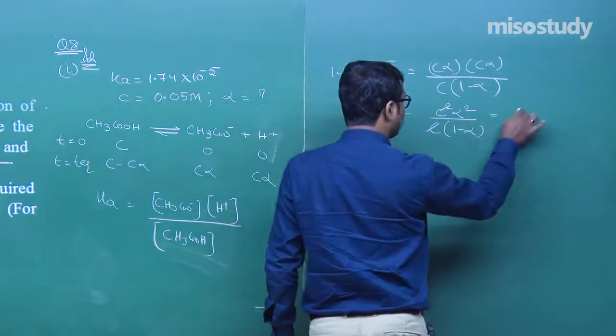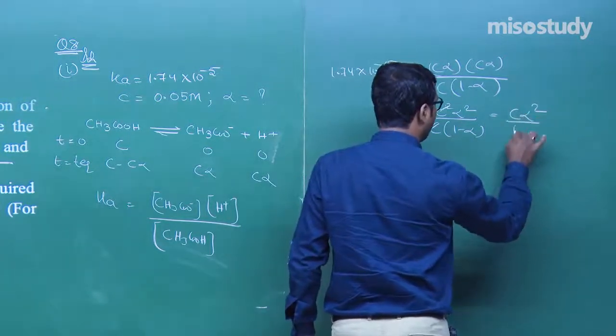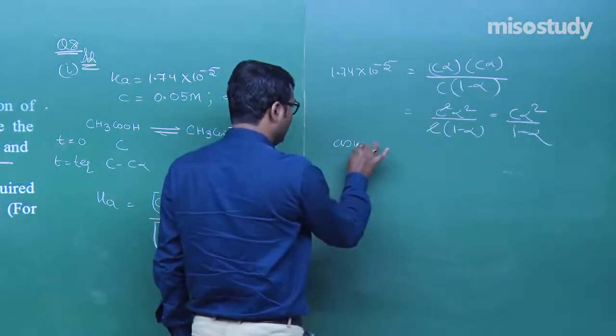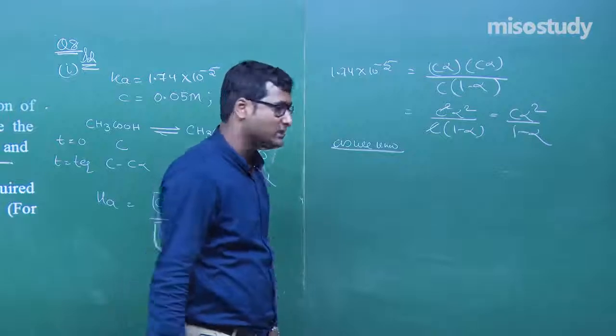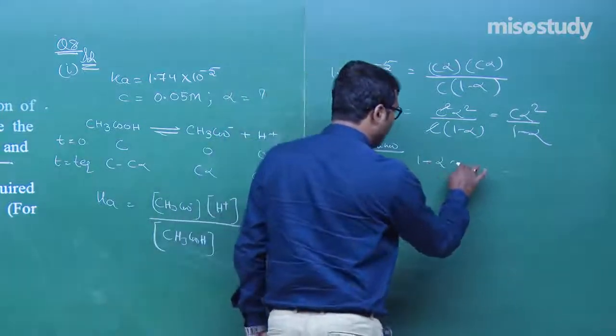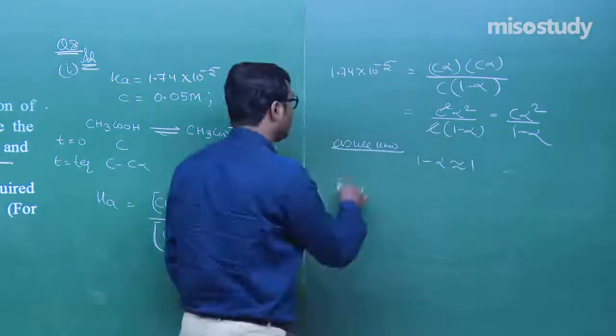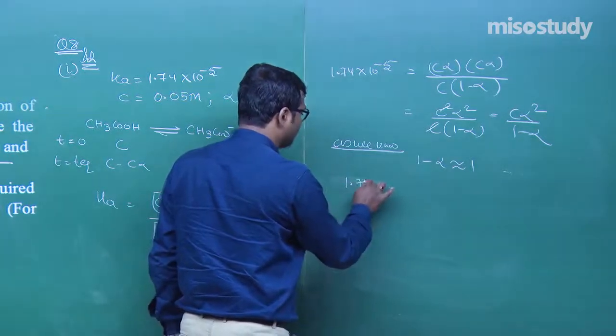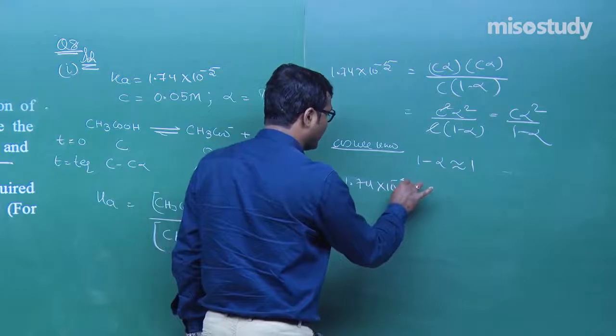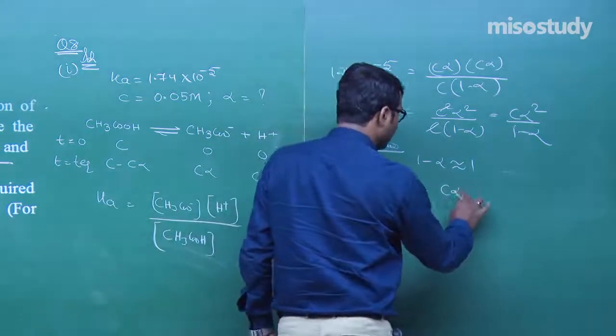C will cancel, giving C alpha square upon 1 minus alpha. As we know, the acid is weak. If the acid is weak, then 1 minus alpha will be approximately equal to 1. So what we get here: 1.74 into 10 to the power minus 5 is equal to C alpha square.